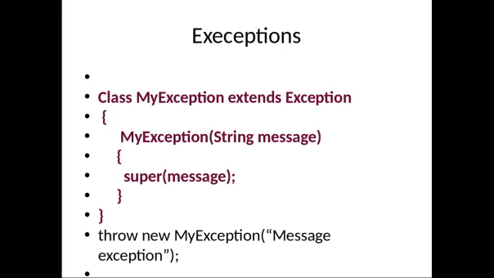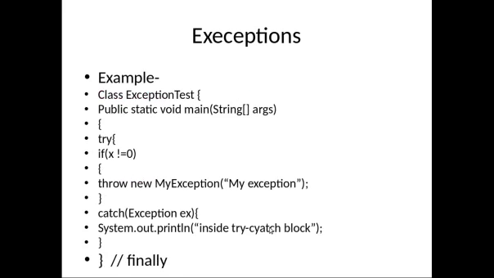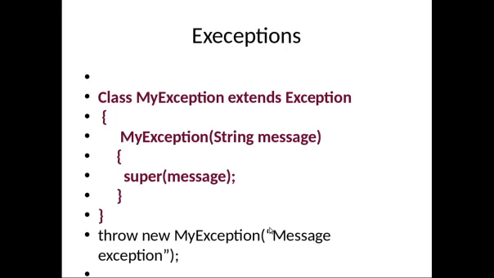In that block, I can simply write throw new MyException. In the code we will see how we can call this one: throw new MyException class, and inside that I will pass this message.